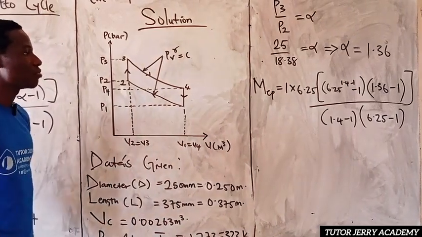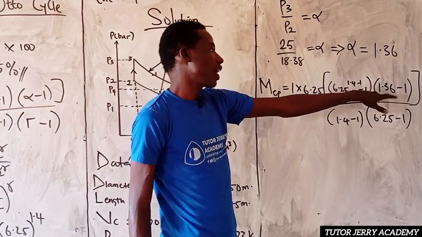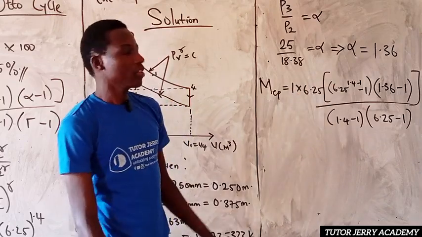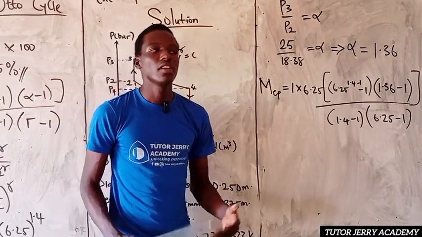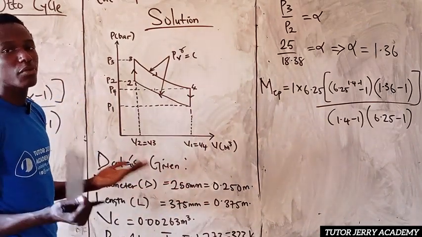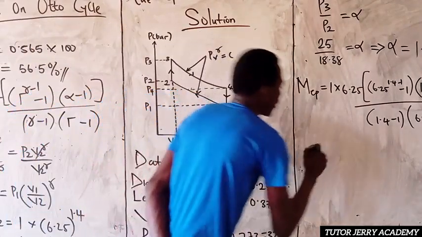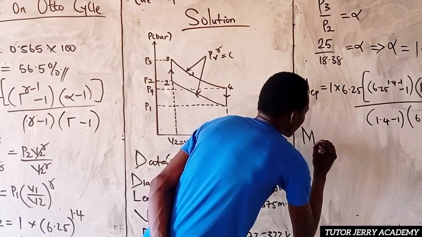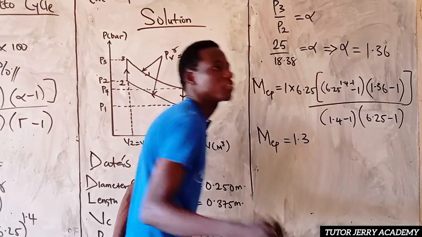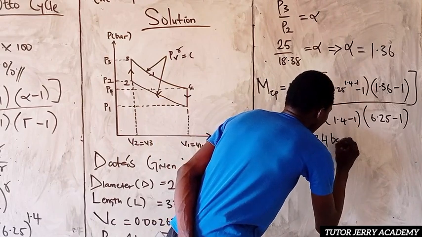All we need to do is simplify this. Solve what is inside the brackets, multiply the two, then multiply with everything here, and do your division to get the value for mean effective pressure. If you do that correctly, your mean effective pressure will be 1.334 bar.